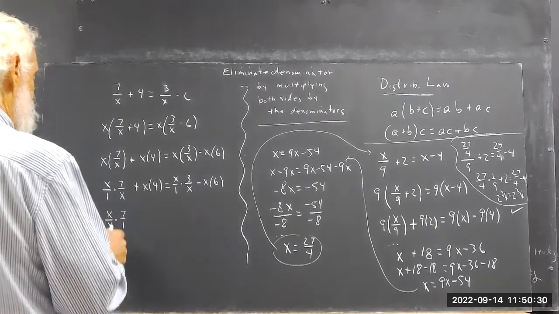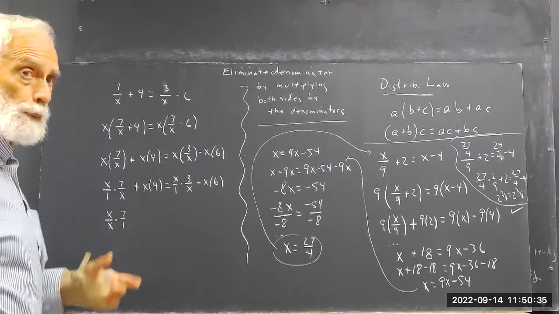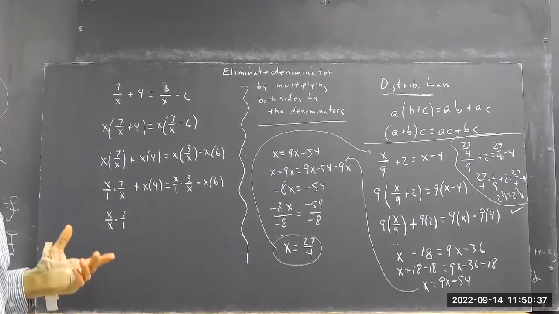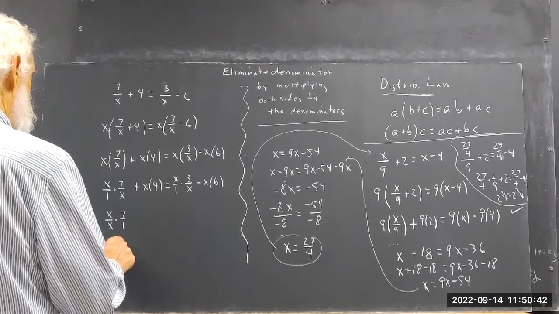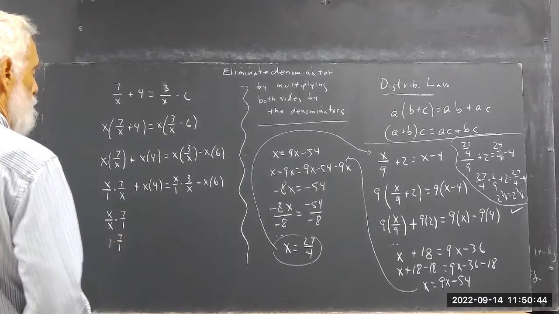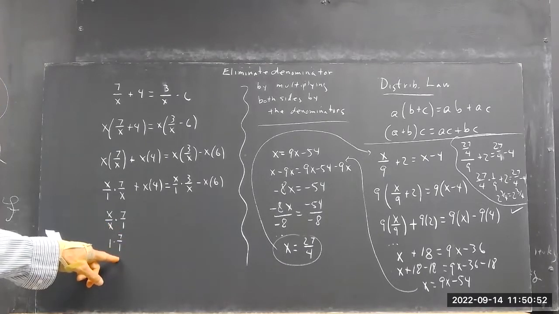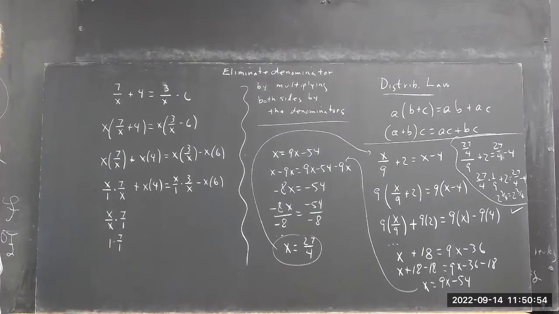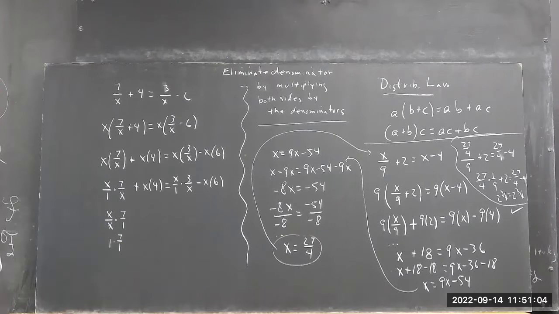Okay, so you've got x over x times 7 over 1. x over x is equal to what? Yeah, 1. So we have 1 times 7 over 1. What's 1 times 7 over 1? Well, what's 7 divided by 1? Show me with your fingers. 7 divided by 1 is 7.